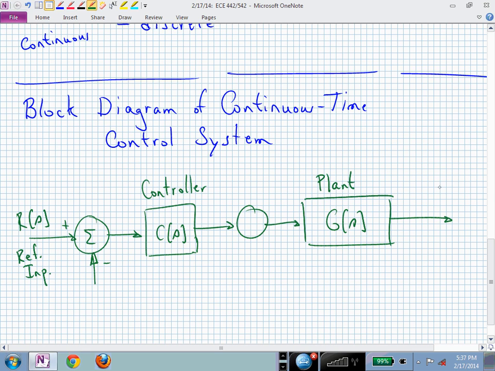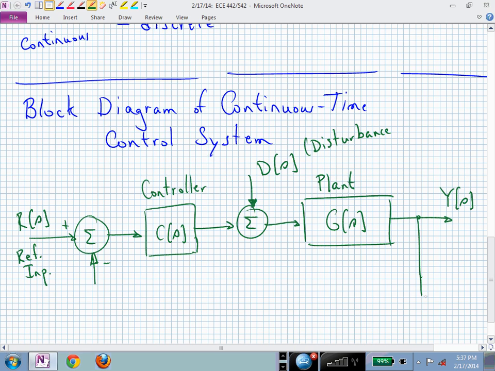And here is the output of that combination, and we actually might have some additional external inputs that we may not even have any control over. That's a disturbance input, and we may not even be able to control that, but we need to design the system so that it's responsive to, or maybe doesn't respond to, that disturbance.